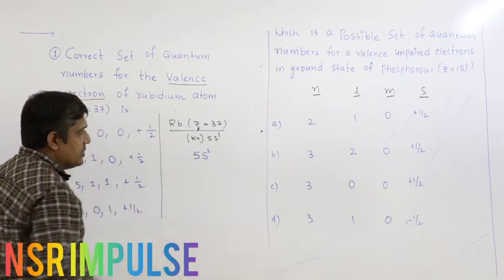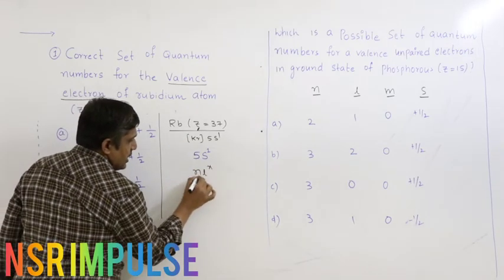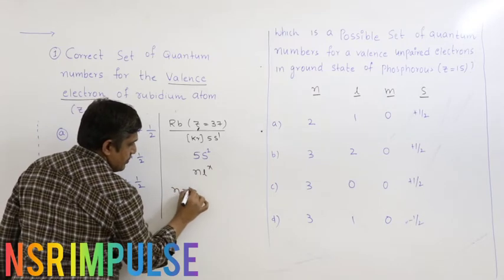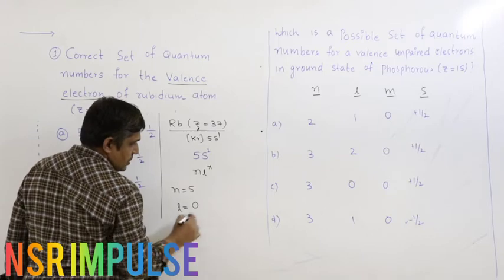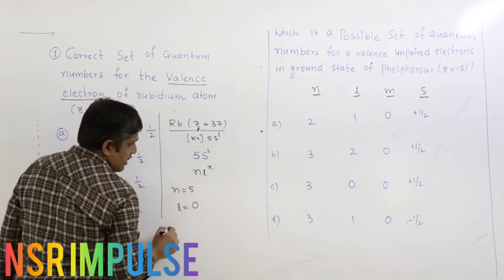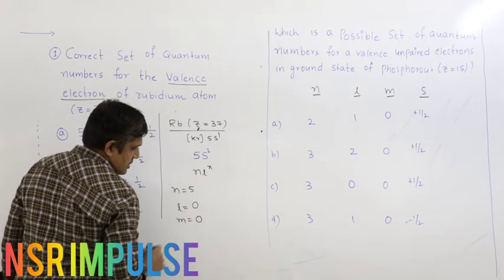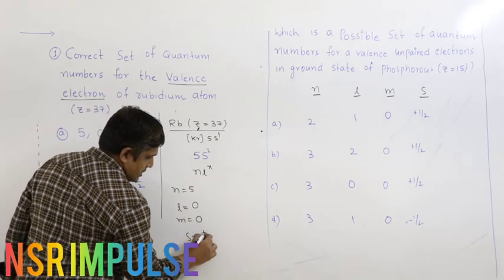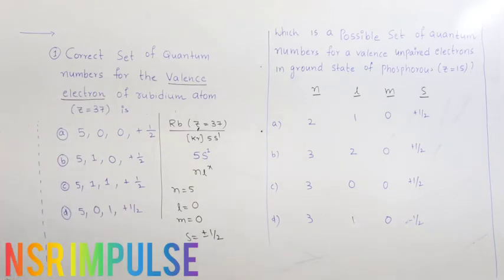I will explain the NLX method briefly after this. Comparing with NLX, N represents the principal quantum number, L represents the azimuthal quantum number. For an s orbital, L is 0. X is the number of electrons, here only one electron. So the M value is 0, and S can be plus or minus half.